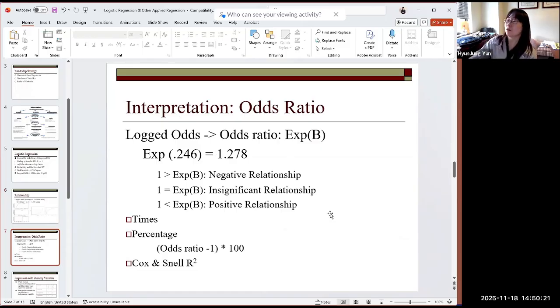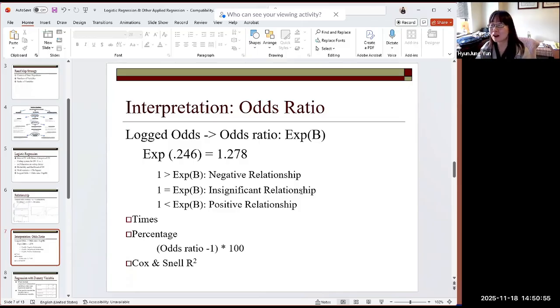For example, when you take the exponential value of 0.246, that value is 1.278. So now let's focus on interpretation. When your exponential value of the slope, which we call the odds ratio, is larger than 1, that means there is a positive relationship between your independent variable and dependent variable.